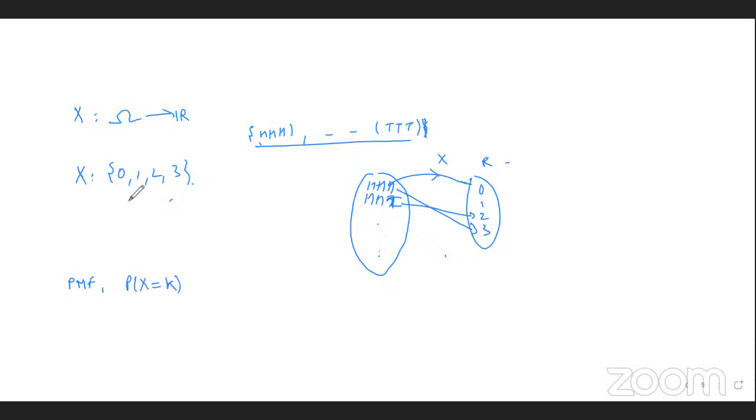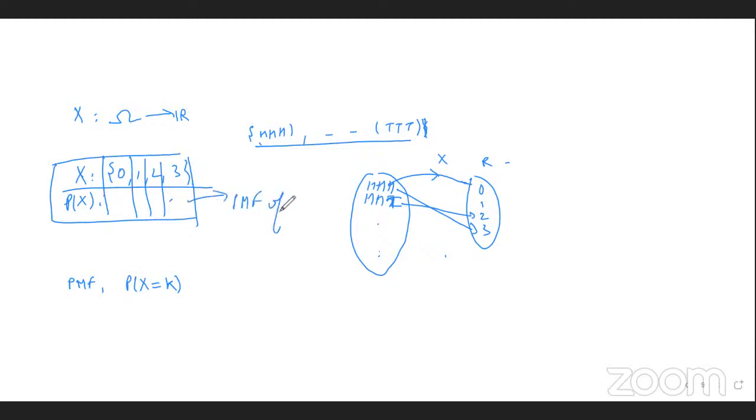In this case, it has 0, 1, 2, 3. If you find the probabilities for each of the corresponding x values and write them out, this will be considered the PMF of x, the probability mass function of x.